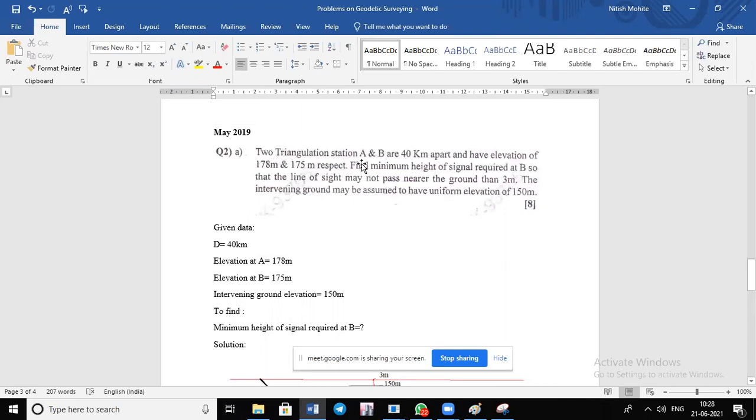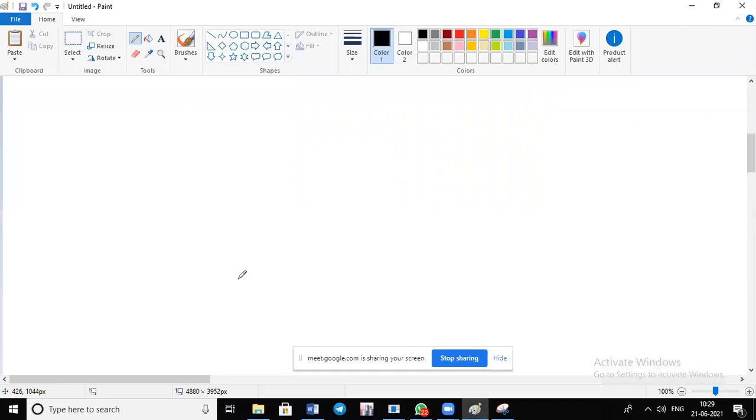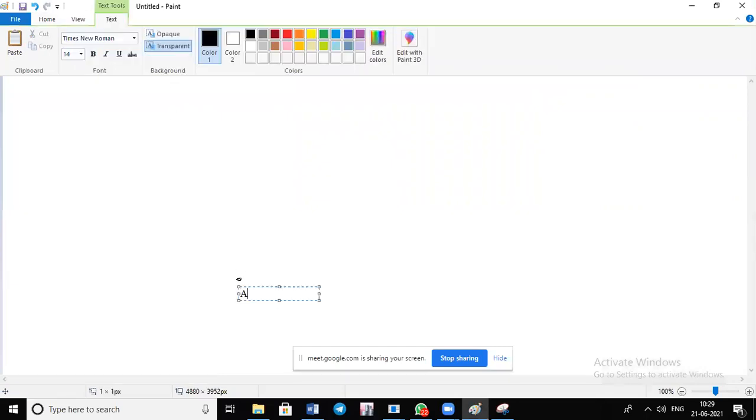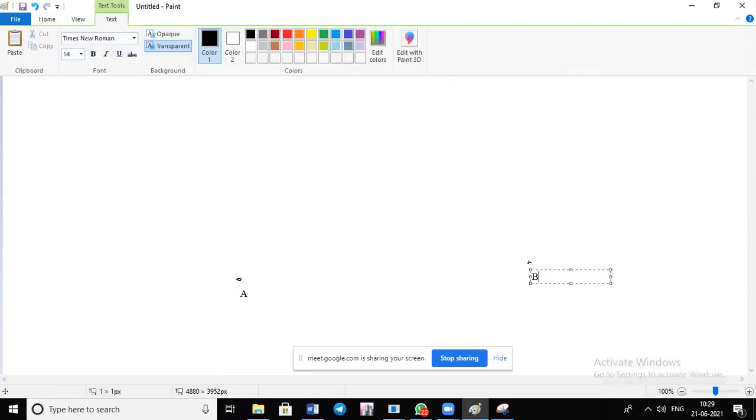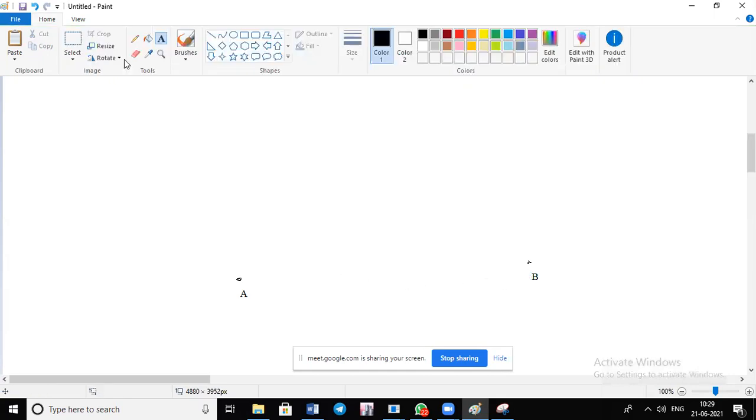So two triangulation stations are there, A and B. They are 40 kilometers apart, and are having elevations of 178 meter and 175 meter respectively. Let me try it once again. Let this be point A, and let this be point B, which are at a distance of 40 kilometers.